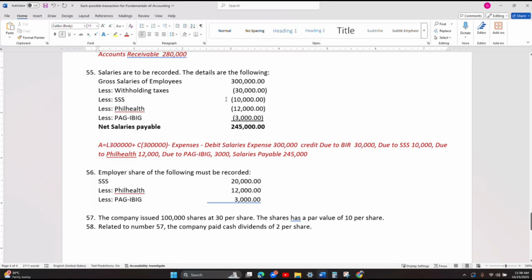Okay? So as you can see, we have 10,000 here from the employees and 20,000 here in number 56 from the employers. Okay? So will there be a record by the employer on its shares on the SSS, PhilHealth, and Pag-ibig? Of course there is. This is an additional salaries expense. Okay?